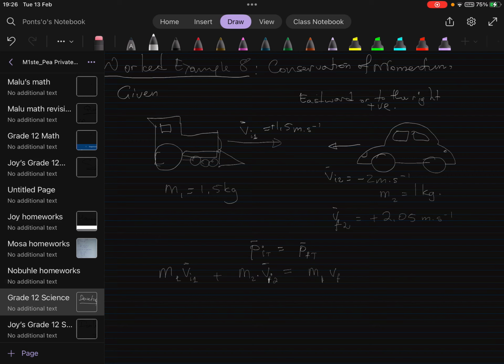And that must equal the mass of object 1 times the final velocity of object 1 plus the mass of object 2 times the final velocity of object 2.